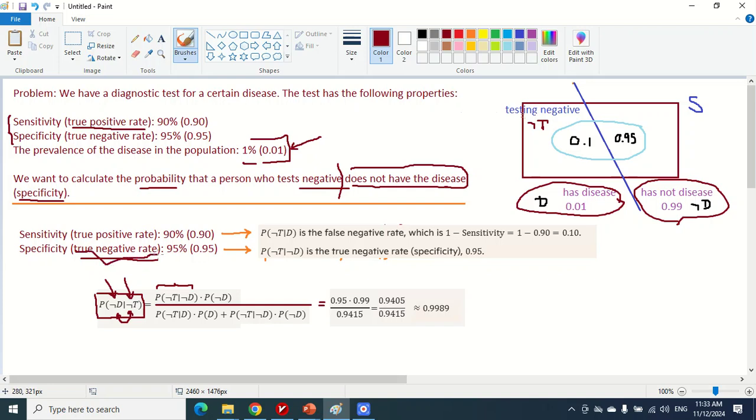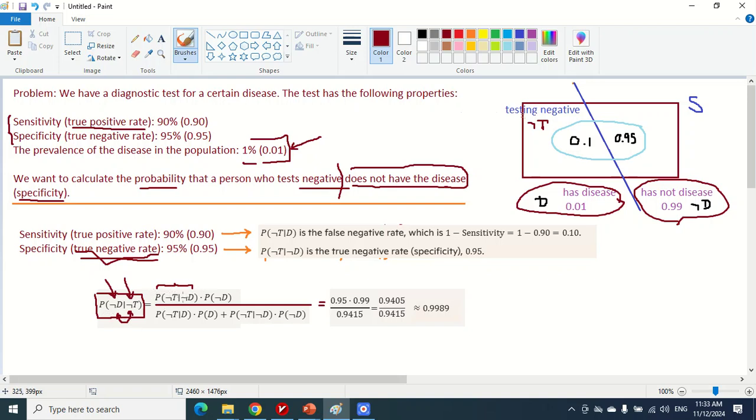We know the inverse case of this one, where the person has no disease and we know the probability of the negative test, and by knowing this we want to calculate the inverse case.